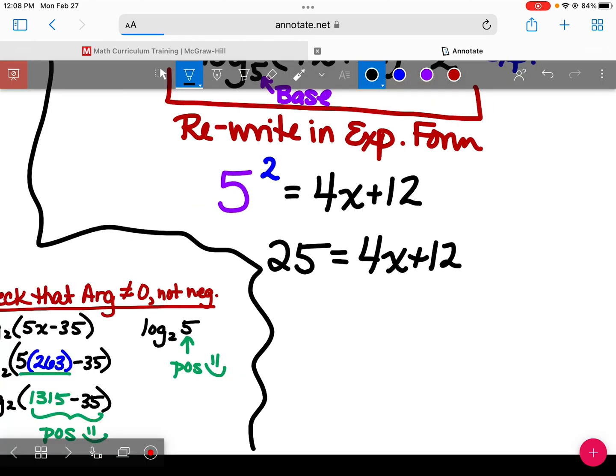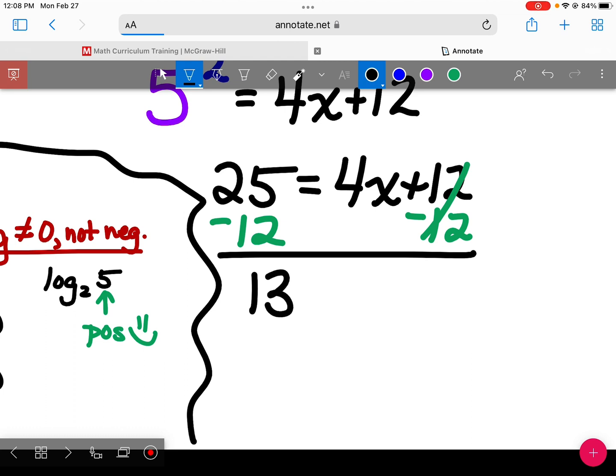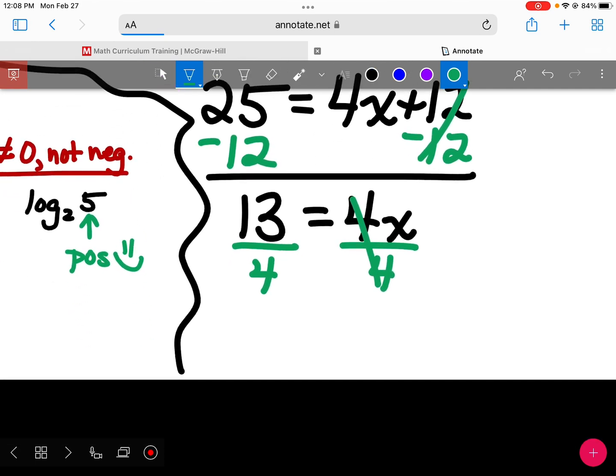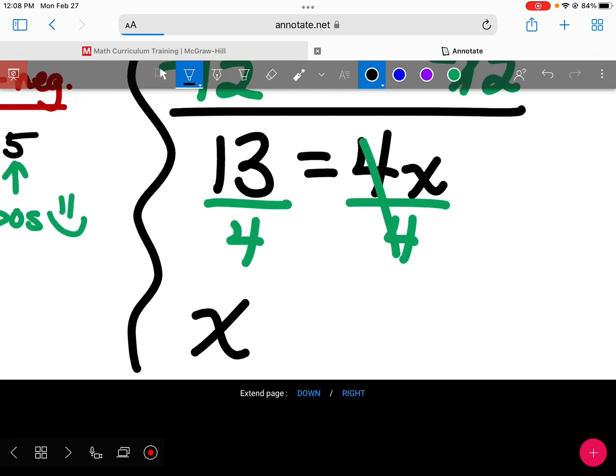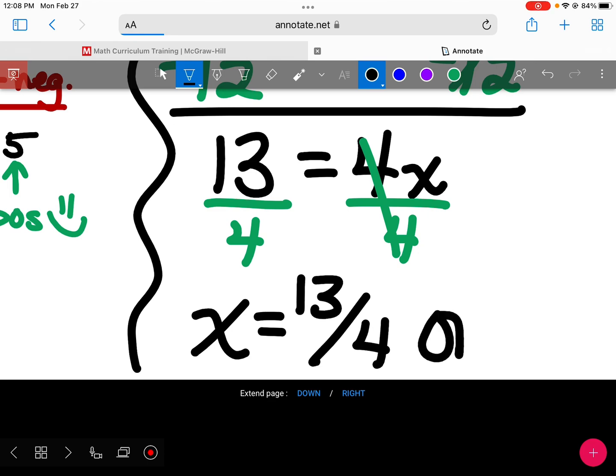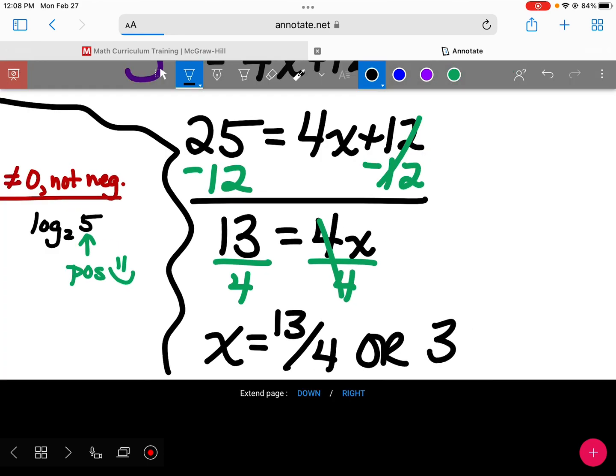What would I do next? Subtract 12 from both sides. What is 25 minus 12? 13 equals 4x. Divide both sides by 4. X equals, you can leave it in fraction form, 13 over 4, or you can write it in decimal form, 3.25.